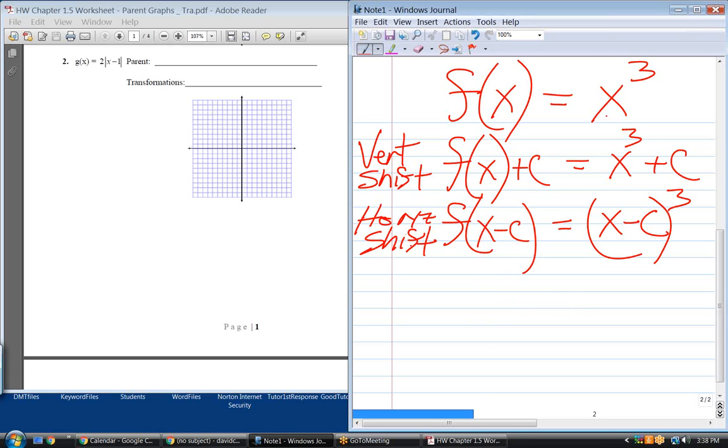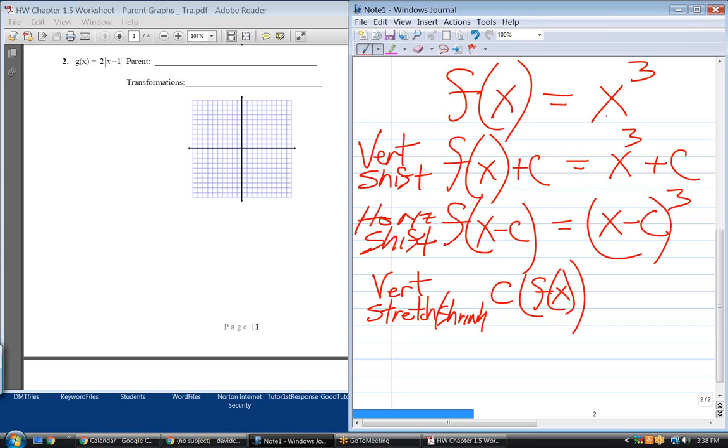These are the 2 shifts that you can do. There's also stretches. If we want to do a vertical stretch or shrink, you get that by putting the number in front of the function. Notice the difference in each of these. This is f of x plus c. This is f of the quantity x minus c.